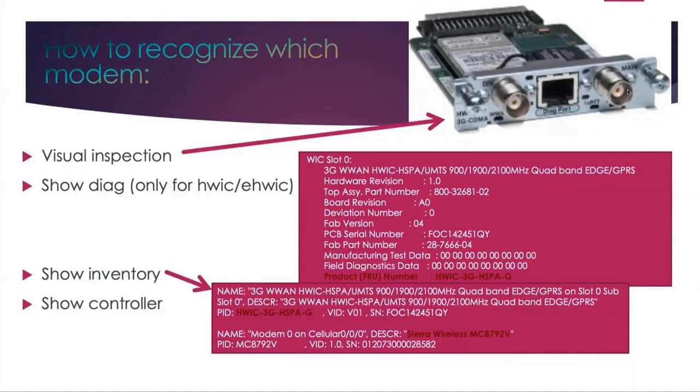Now, since it's a cellular card, obviously it will have a modem built on it, and these modems are manufactured by Sierra Wireless. How do you know which card has which modem? There are plenty of modems like 7430, the 7300 series, and the 7700 series. How do you know which modem is on which card?